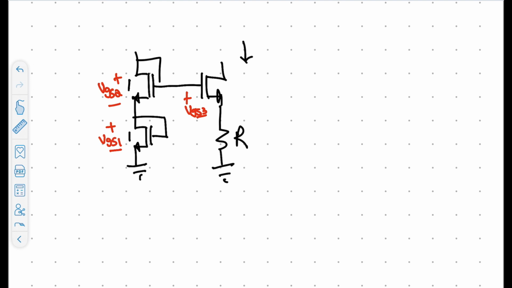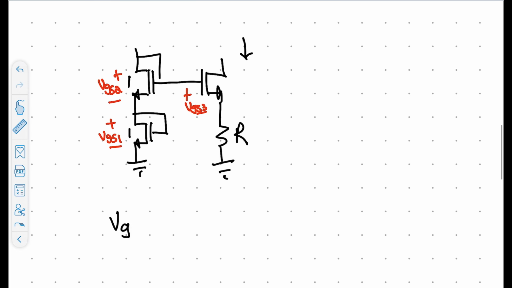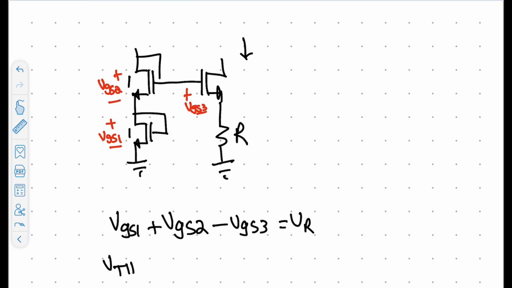So we have VGS1 plus VGS2 minus VGS3 is equal to VR. And to break that down a little bit further, that is V threshold plus VOV1 plus V threshold plus VOV2 minus V threshold minus VOV3.